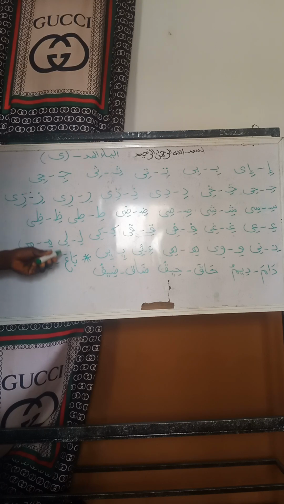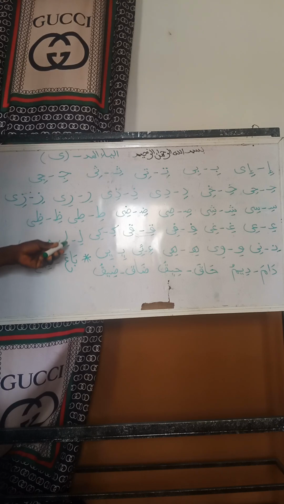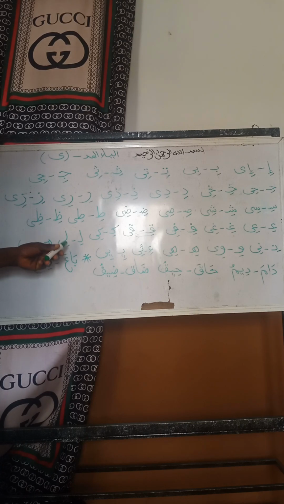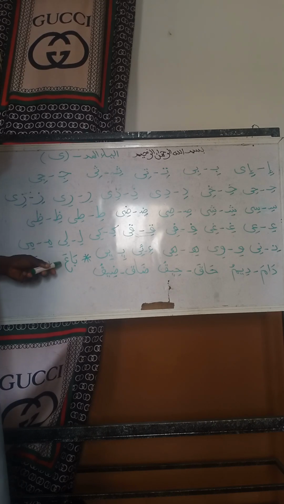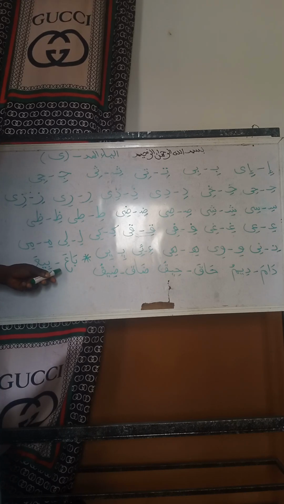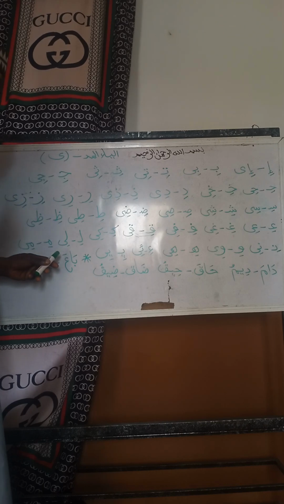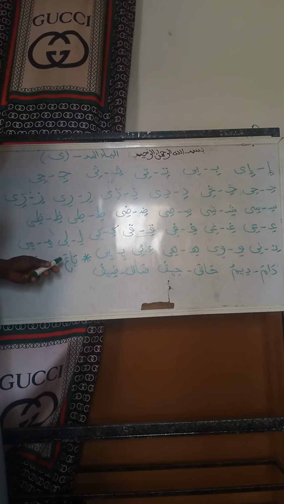Instead of pronouncing it in one sound, Ba, you have to prolong it, all because of the Alif that is after the alphabet Ba, so you have to prolong the Ba in the count of two. As you can see, this I pronounce in one sound, which is not prolonged.